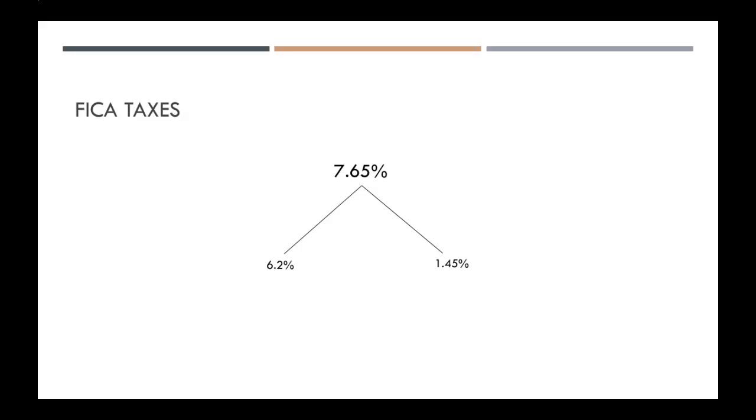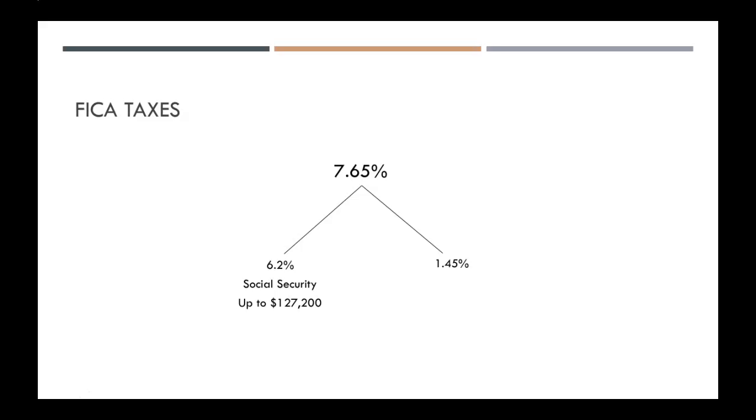The 6.2%, that has to do with Social Security. Now, what's special about this tax is that there's a certain limit. An employee can only be taxed for Social Security up to the point of making $127,200 in a year.